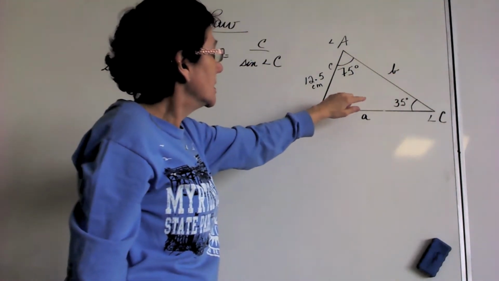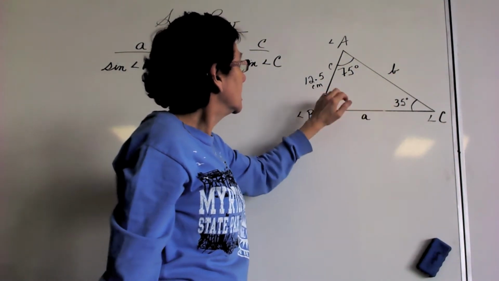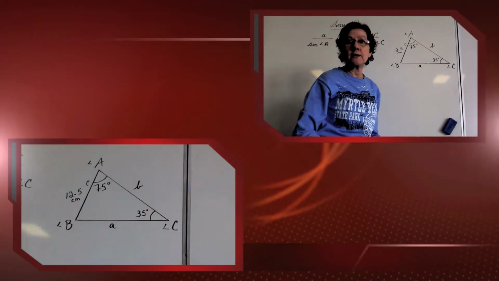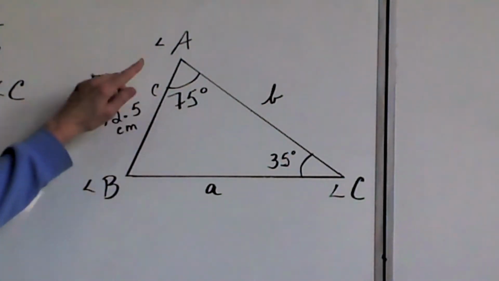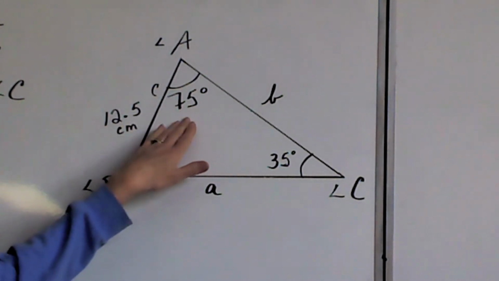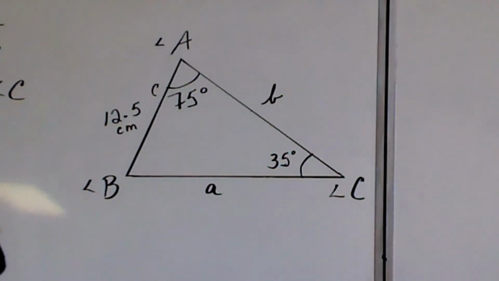We can use a pair where we have an angle and a corresponding side. In this particular triangle, we have side A corresponding to angle A of 75. There's not a value in both of those, so we can't use that.